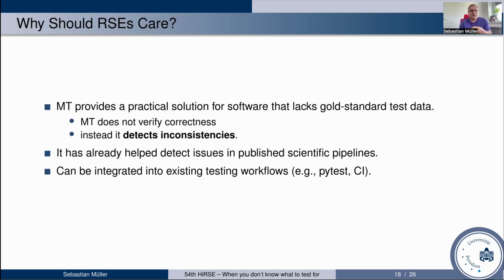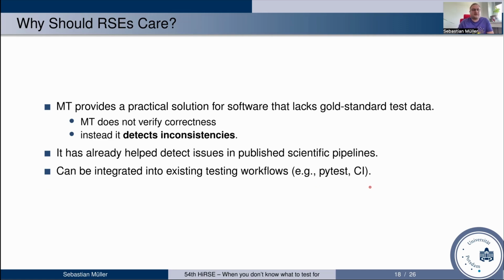So what we have seen is that it can help us understand inconsistencies in the program behavior, and inconsistencies between what the program is supposed to do and what the domain scientists actually think this program is doing.